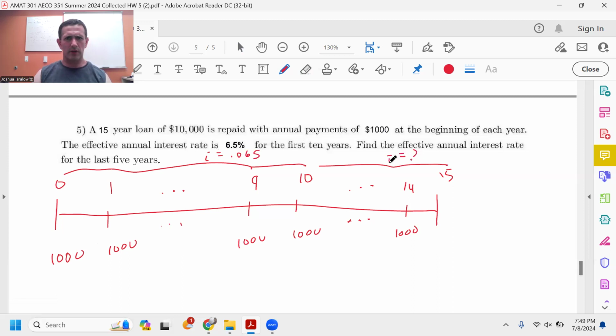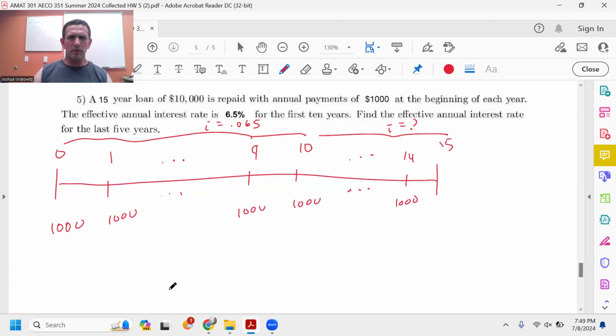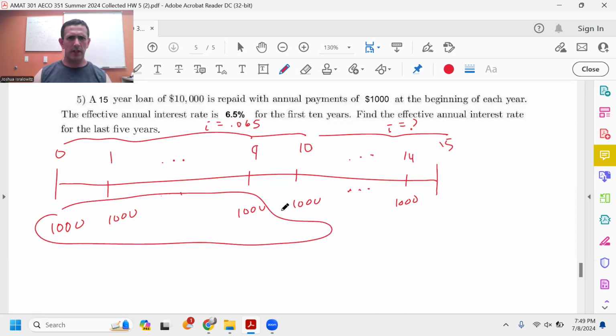Here we're trying to figure out what it is. So just break it up into 2 annuities. I got my first 10 here. So the loan is 10,000, so that's the present value.